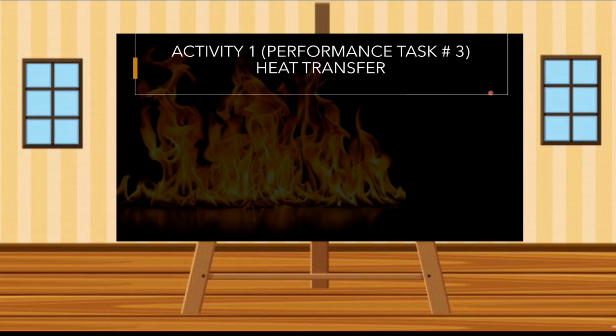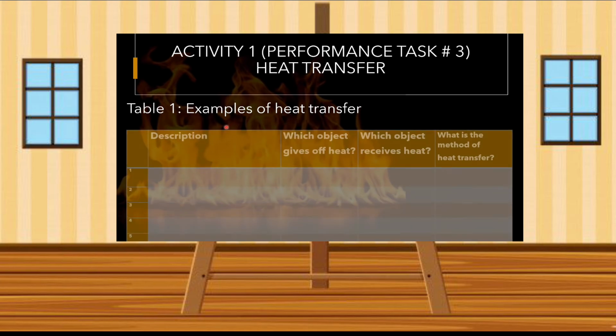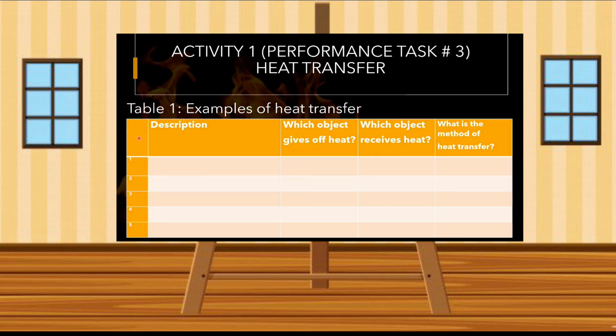For your first activity, activity 1 and performance task number 3, entitled Heat Transfer. So this is table 1, example of heat transfer. So you're going to complete this table. We have here 5 columns and 6 rows.